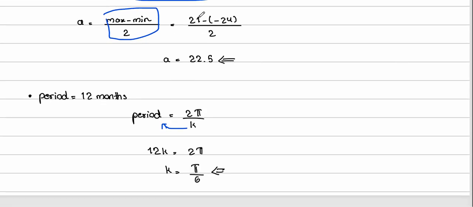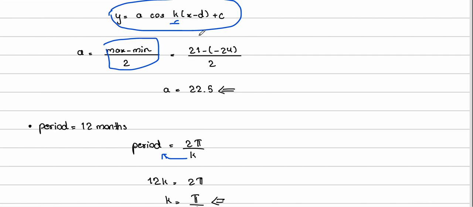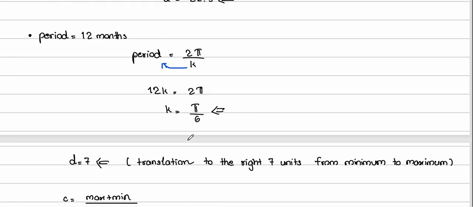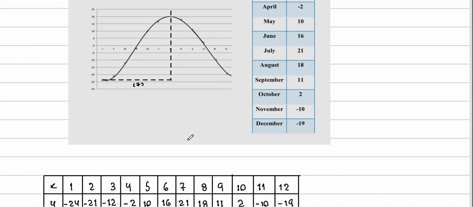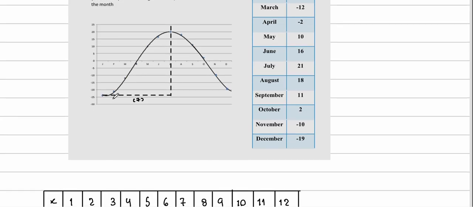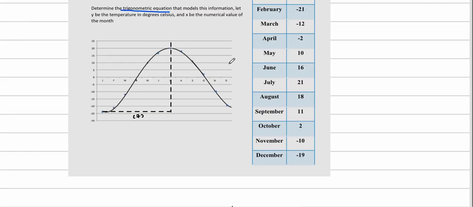And then we need to find D. The value of D means the horizontal translation. So we need to look at the minimum to maximum value, because we need to find the translation from here to here.